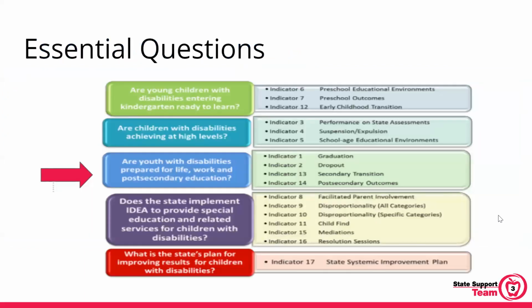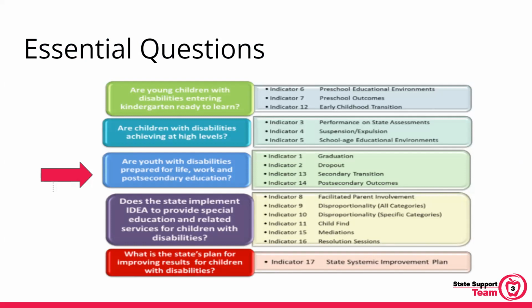So with our special ed profiles, there are essential questions that the different indicators are tied to. The essential question related to Indicator 1 and 2, as you can see from this slide, is: are youth with disabilities prepared for life, work, and post-secondary education?